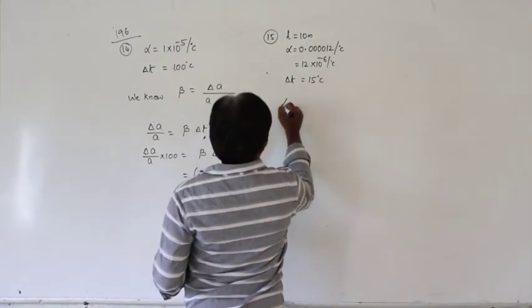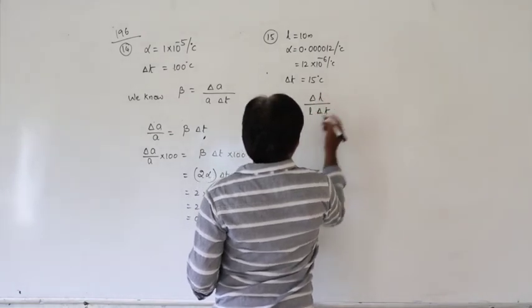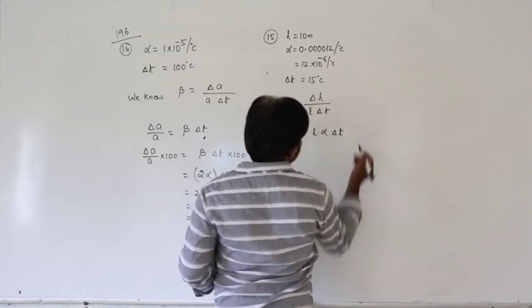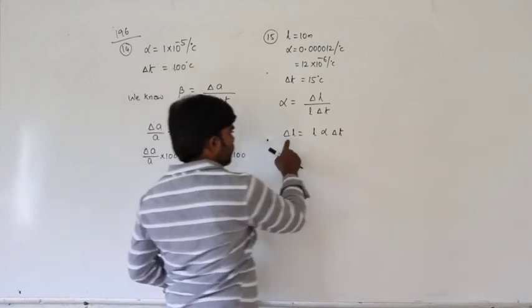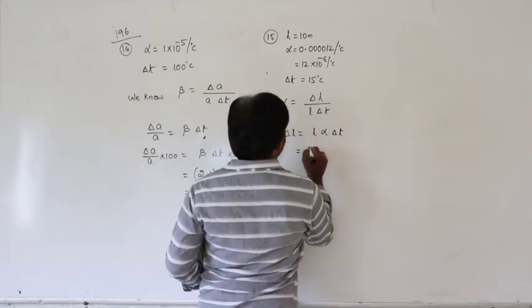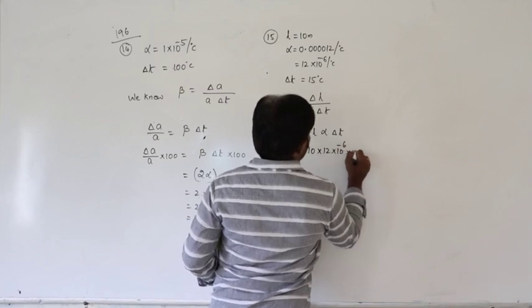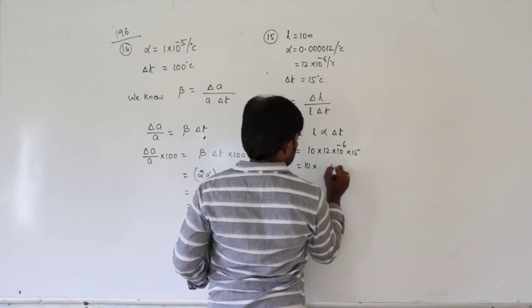We know alpha is equal to delta L by L delta T, so delta L is equal to L alpha delta T. How much gap should be left between the rails? Delta L is equal to L alpha delta T. L is 10, alpha is 12 into 10 to the power of minus 6, into 15.